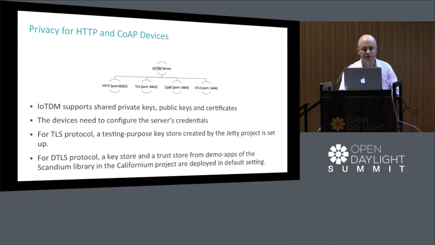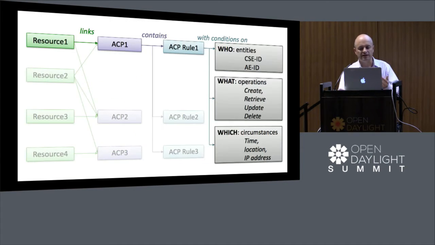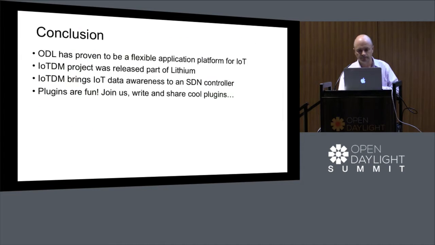We only have 3 minutes left in this presentation, but I will upload those slides, and you will have them with call flows, which explain what happens when a device comes up and the information exchange and how this whole thing is set up in a secure fashion, and examples of access control policies, which tell you who can do what and under which circumstances.